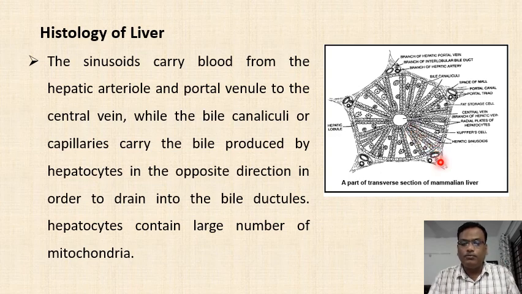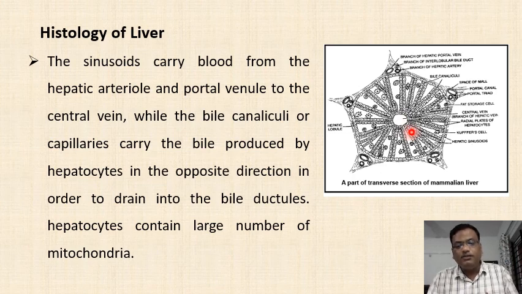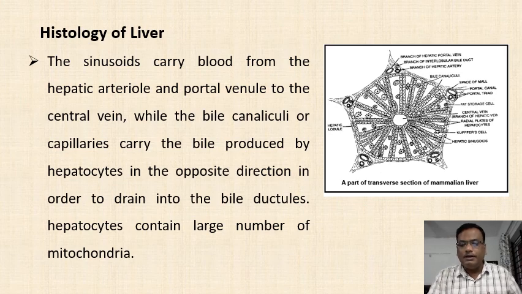So the blood flows from hepatic triad to the central vein, whereas the bile will flow not from the central vein but from the hepatocytes towards the hepatic triad, because it is the bile duct which is going to carry the bile juice, and the bile duct will ultimately open into the gallbladder, which will open into the duodenum of the alimentary canal.